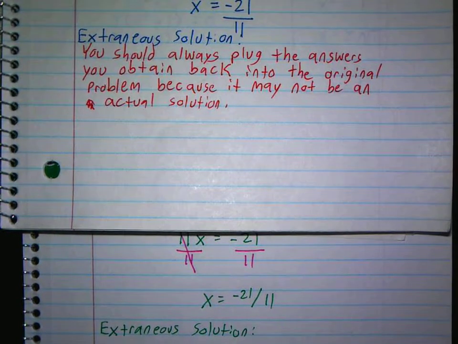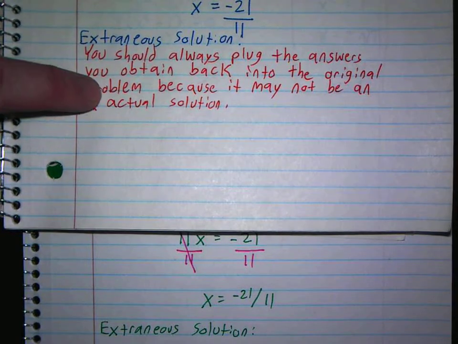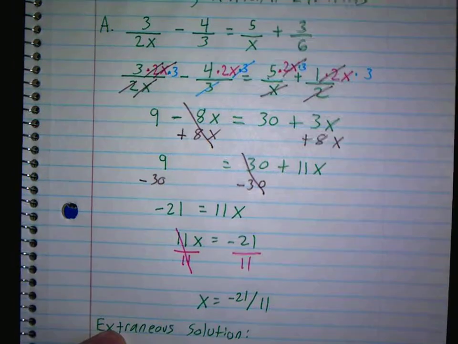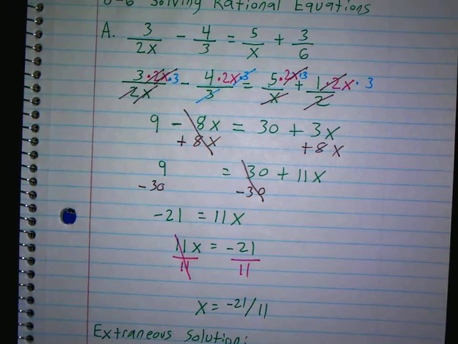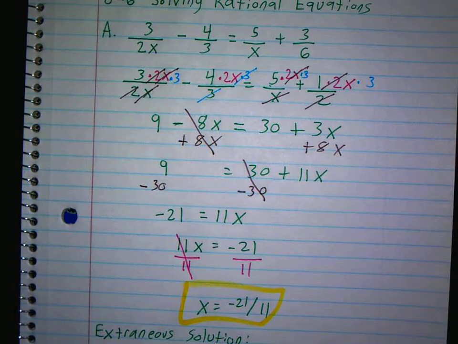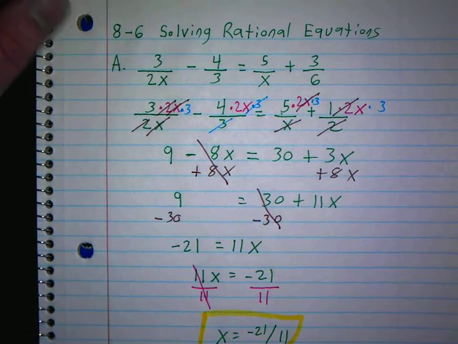So when you plug in -1, if that does not make a true statement, you would call it extraneous. Okay, I'll give you time to copy this down here in a second, definition, but I'm going to show you how you would plug this back in easily using the calculator.